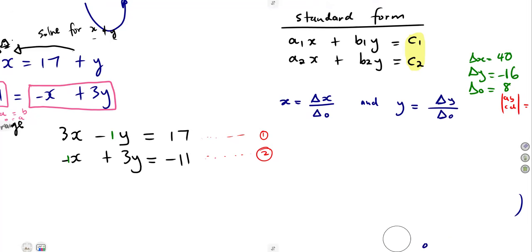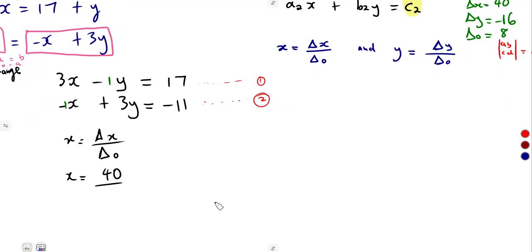And using the formula, now we can determine the values of x and y, because we said x will be equal to delta x over delta naught. So x will be equal to delta x, 40, over our delta naught, which we calculated as 8. Therefore, x will be equal to 40 divided by 8, that is 5.